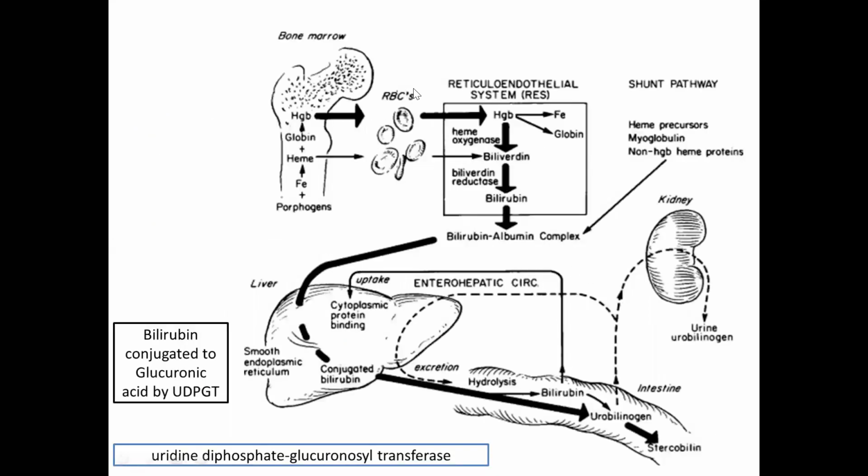This is a diagram which reflects the overall production and metabolism of bilirubin. In this diagram you can see here there is a heme part.